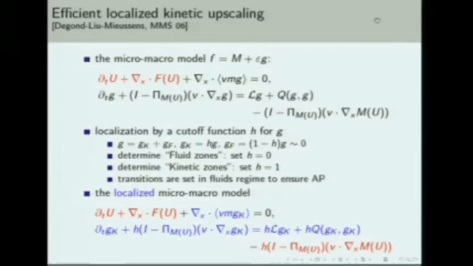So that's just a reformulation. Now here is a good thing: how to localize. Localizing usually has difficulty because of scattering between the boundaries. But as long as there is a good cutoff, we will be fine. You choose H between 0 and 1, where the fluid region is 0 and the kinetic part is 1, and you want to pick up the contribution from the kinetic region.